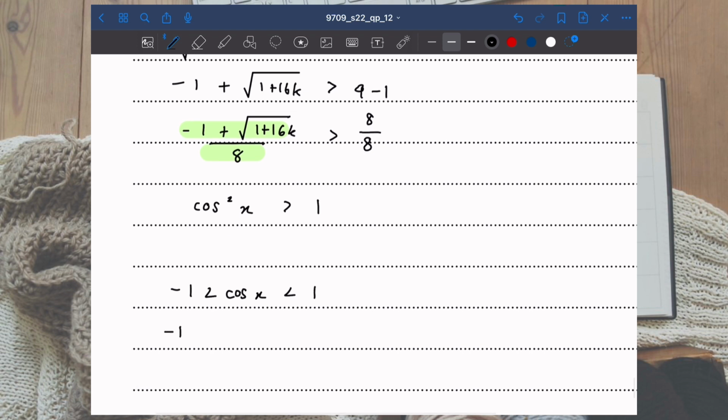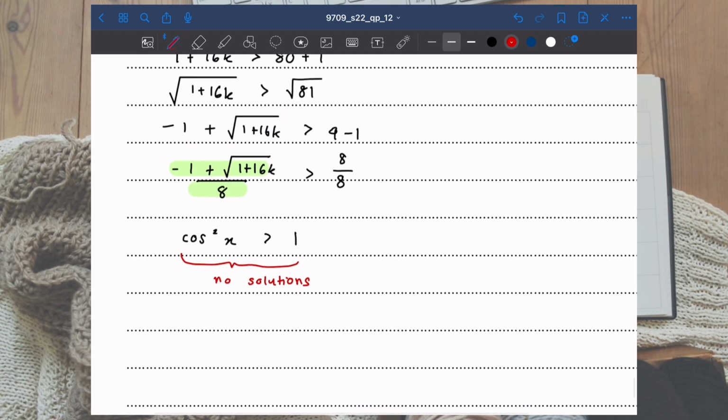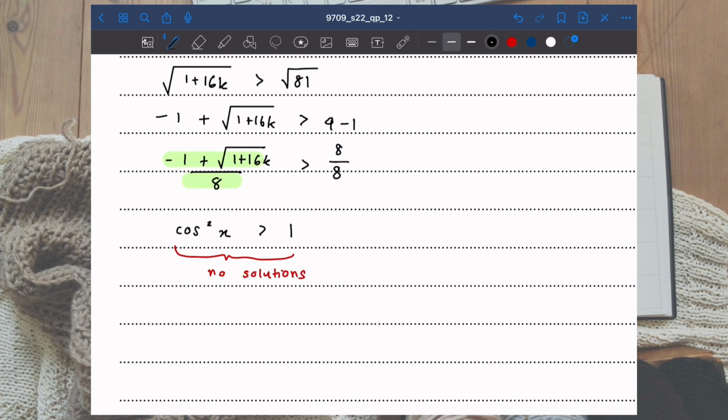So cos square x is less than or equal to 1. So this particular expression has no solutions. So that will be your working for part B.